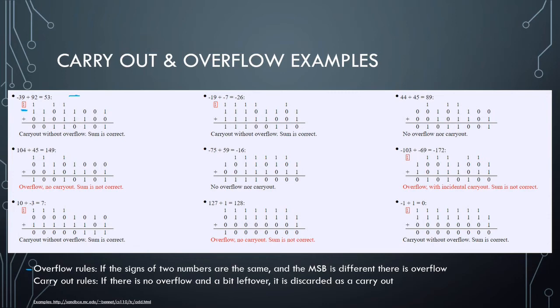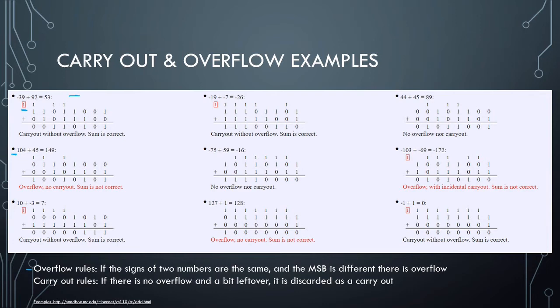Moving on to this next example right below it, we have a positive 104 and a positive 45. So now we do need to watch for overflow here because these numbers both carry the same sign. So what we see, 1, 2, 3, 4, 5, 6, 7, 8, we have an overflow with no carryout here.